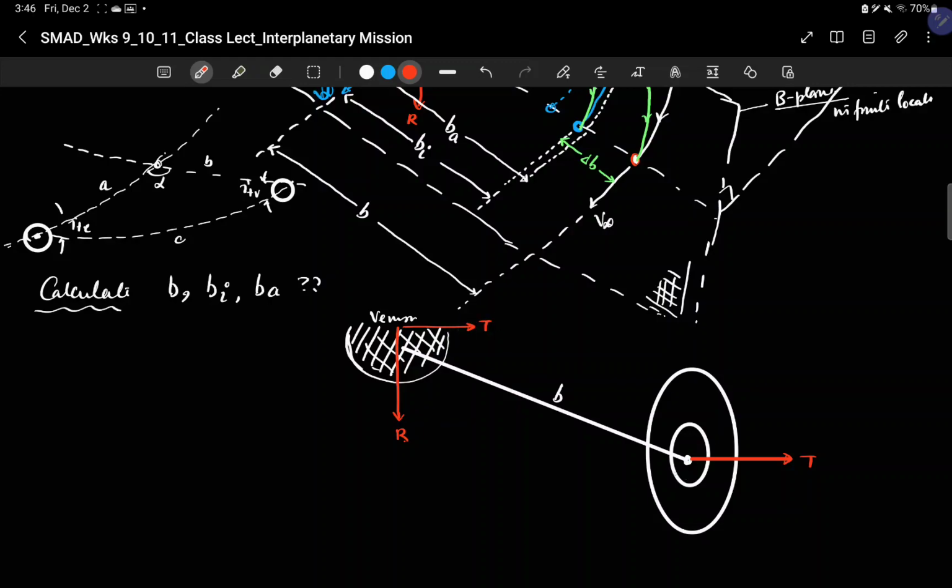You can have your incoming spacecraft lower than the planet, because it is coming down, and then it will create the orbit around this thing, which can be an inclined orbit. If it is an inclined orbit, it will go around this orbit, and the R and the T, which are in the B plane, will be at an angle to the spacecraft's orbit.